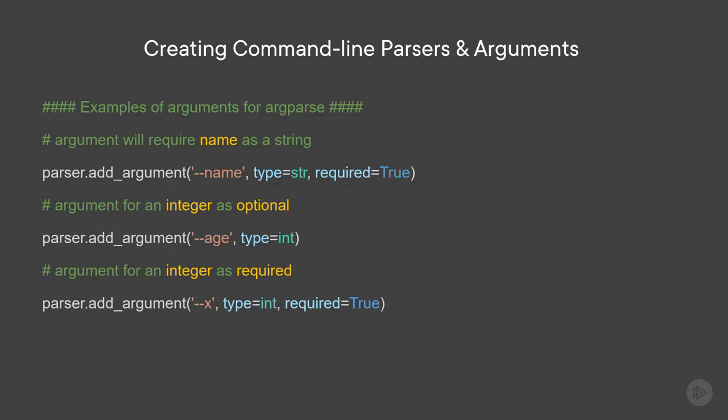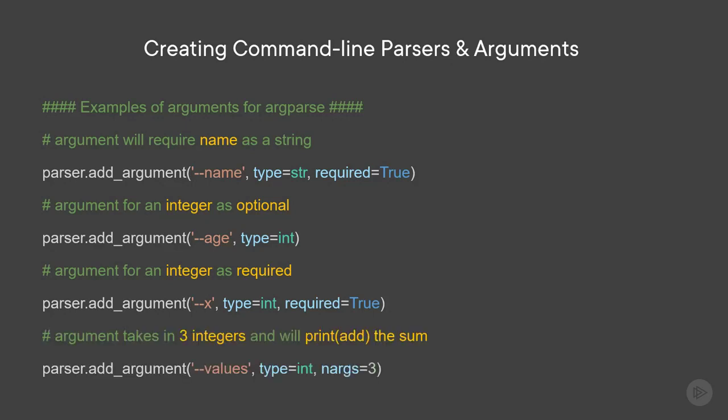Now, in this next example, we're also putting in an argument for another integer, but on this one, we're requiring it to be true. And then on the last example here, we are actually adding an argument of values, and this is a type of integer, and we have the nargs there equals 3. So what this will essentially do is it's going to look for 3 values, and then it's going to add them together and give you the sum.